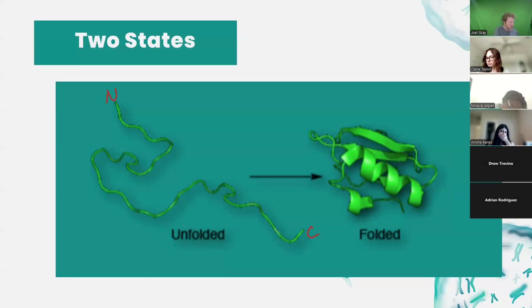I've taught this class a number of times, and one thing I've noticed over the years is sometimes people have this disconnect. The molecule shown here in the unfolded state and folded state has an N termini and a C termini. And let's say that this is 600 amino acids.